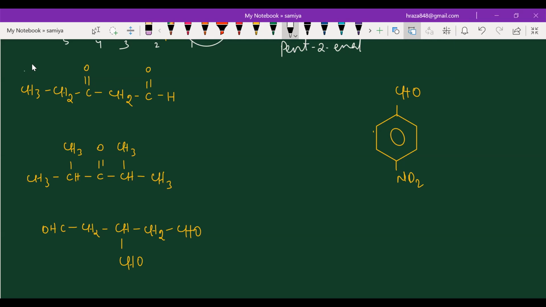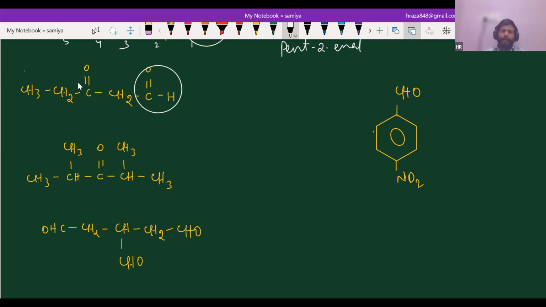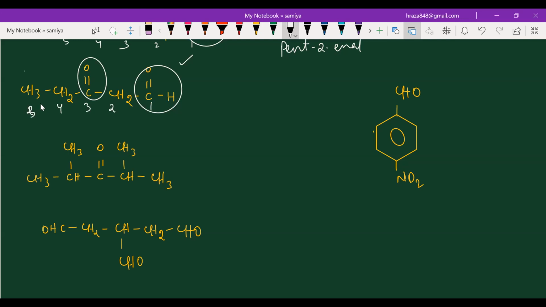Sir, which one would be the functional group? See, we have two functional groups here in the first one, aldehyde and ketone. I told you, aldehyde is the senior functional group, so we will give preference to aldehyde. Okay, sir. Now, when you have more than one functional group, only one will be the parent functional group, and the rest will be treated as substituents.